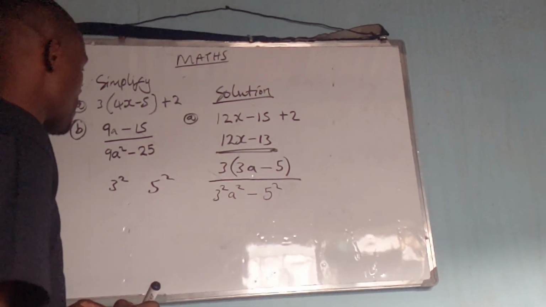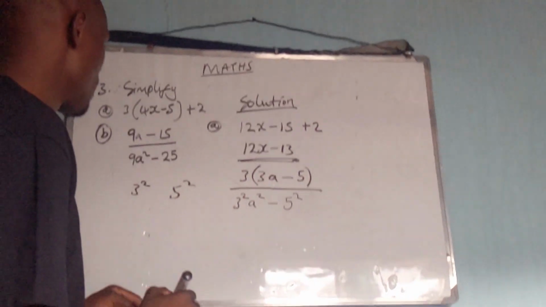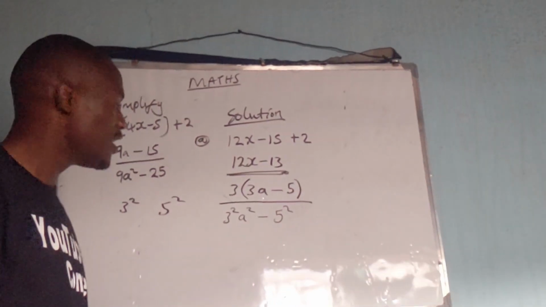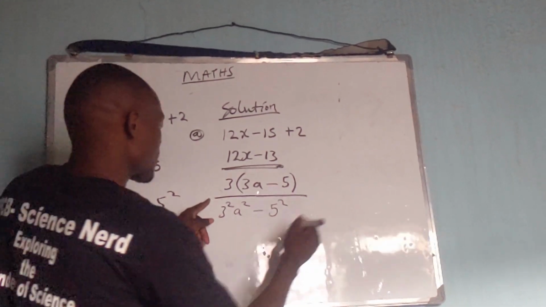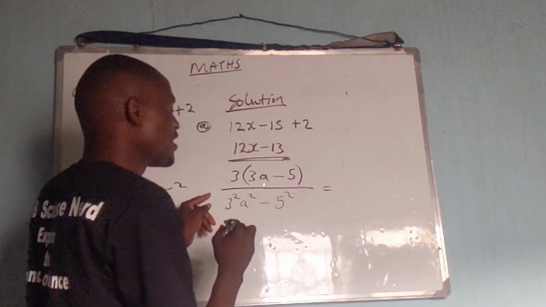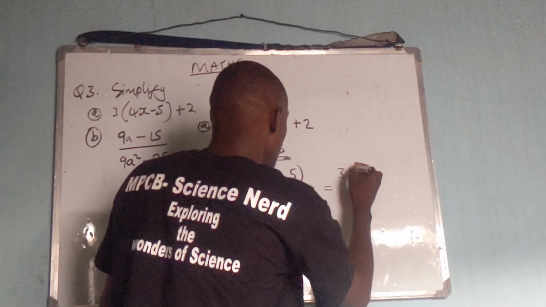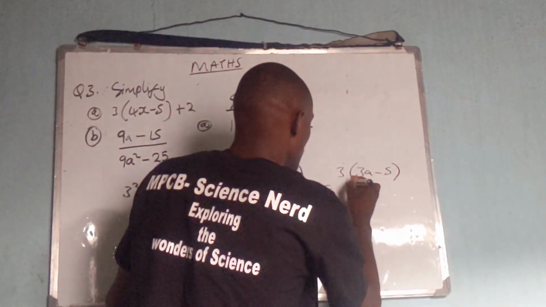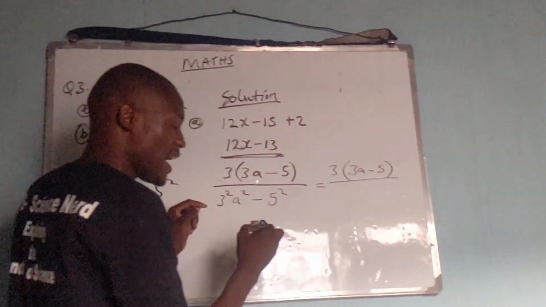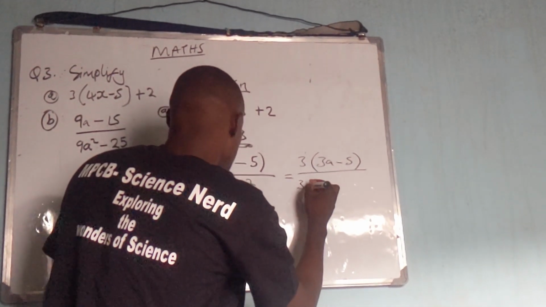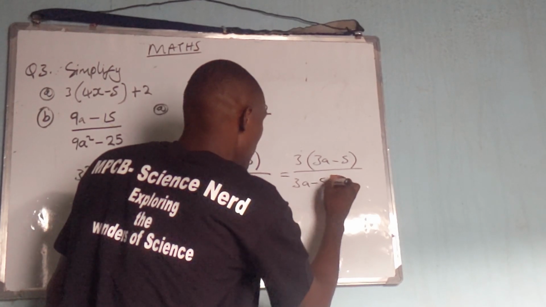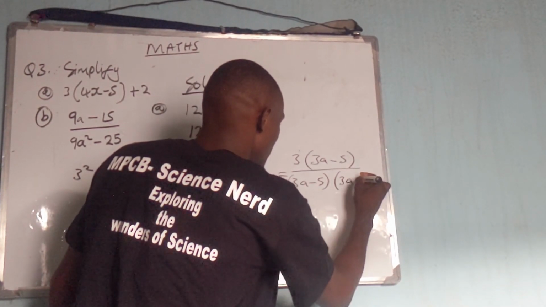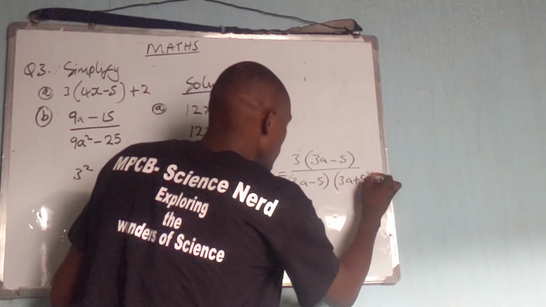So we are going to have 3 squared multiplied by a squared minus 5 squared. From there, we can see that what we have is a difference of 2 squares. Therefore, this is exactly the same as 3 open bracket 3a minus 5 close, divided by 3a minus 5 in brackets and 3a plus 5 in brackets.